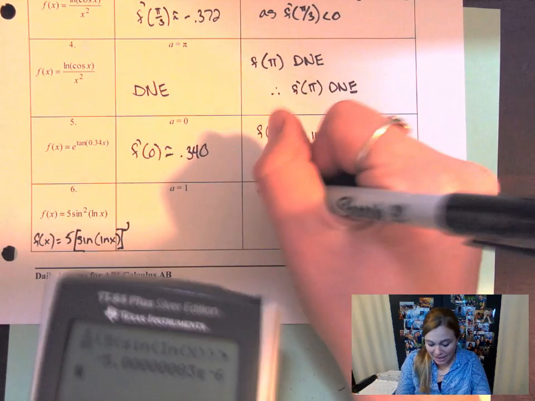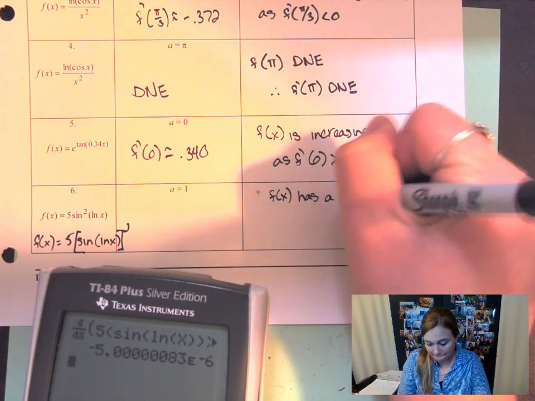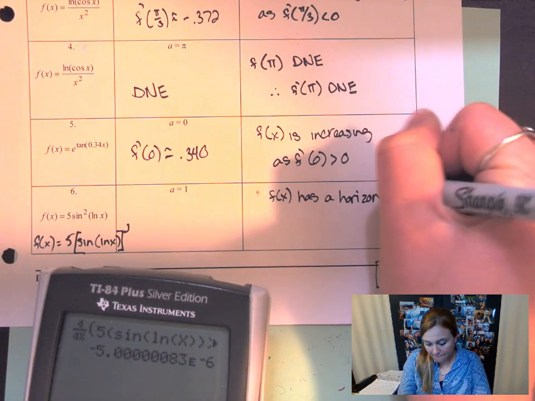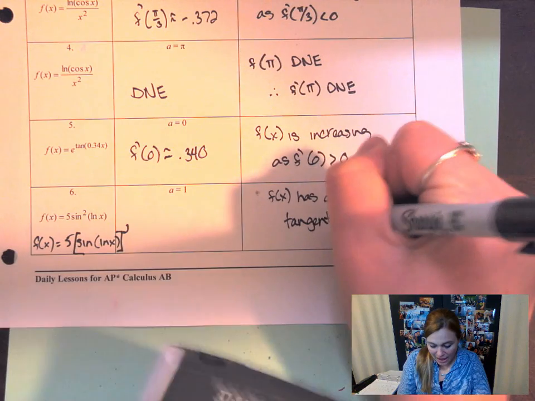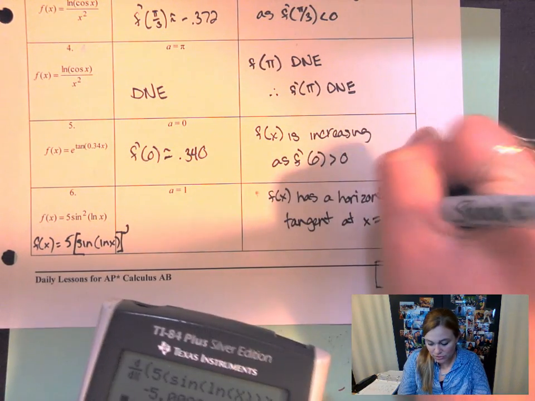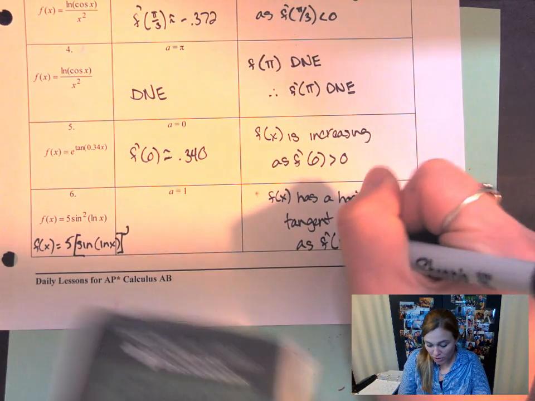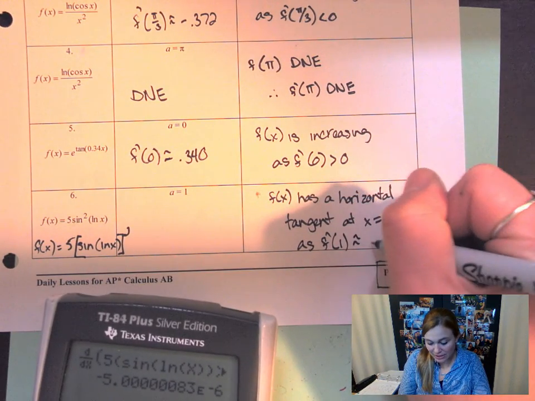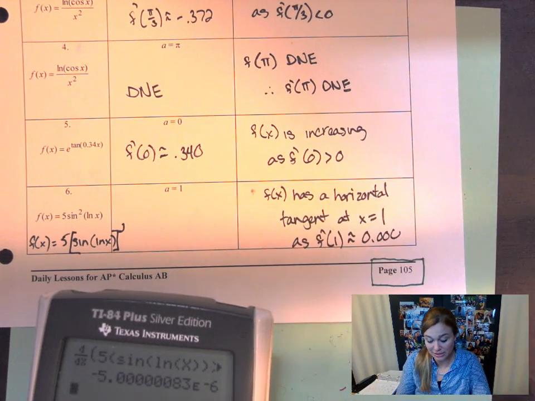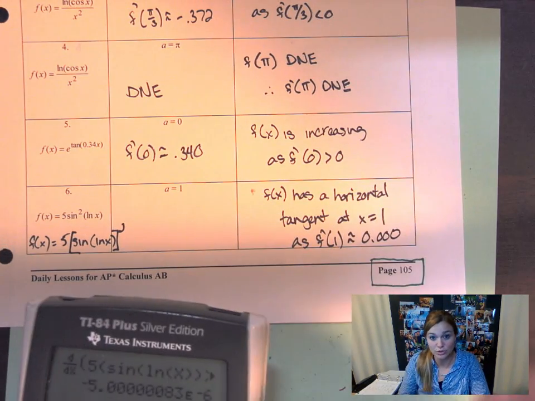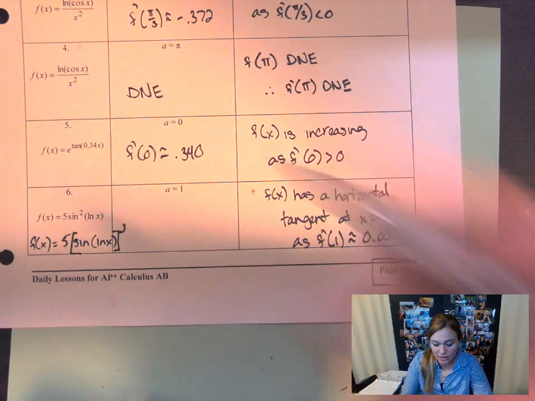What's happening is f of x has a horizontal tangent at x equals 1. And the reason is, f prime of 1 is approximately 0. And if you write 0.000, because this might be a little bit off, or you're not really exactly sure, that's fine. But you could just say it is 0.